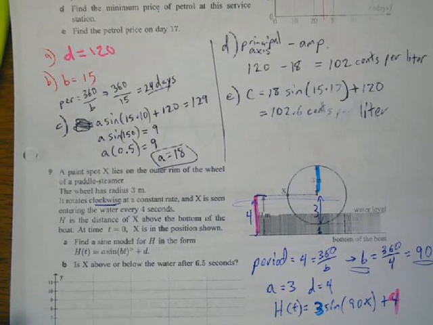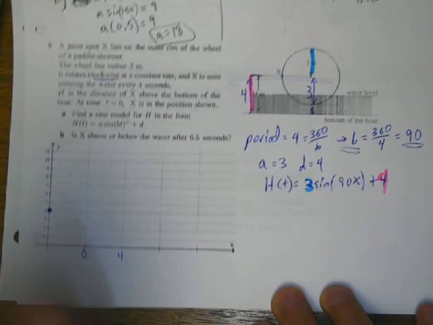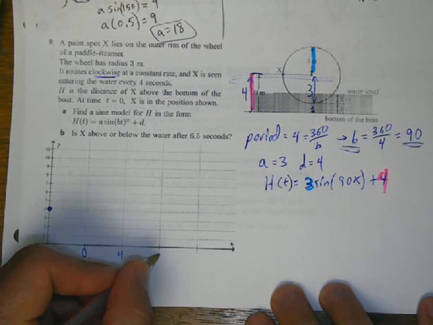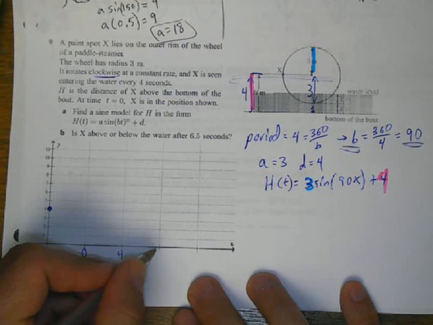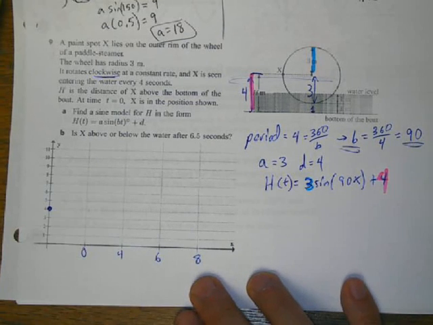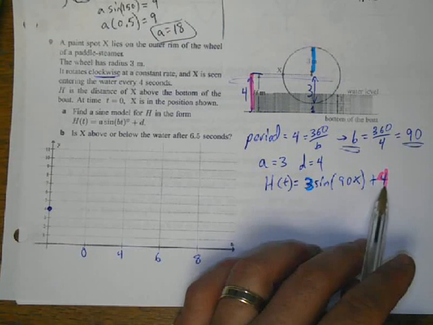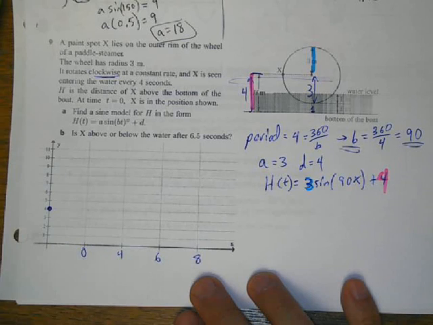Our x-axis here is not labeled, so I'm going to label it. So from 0 to 4, first of all, let's draw our principal axis.